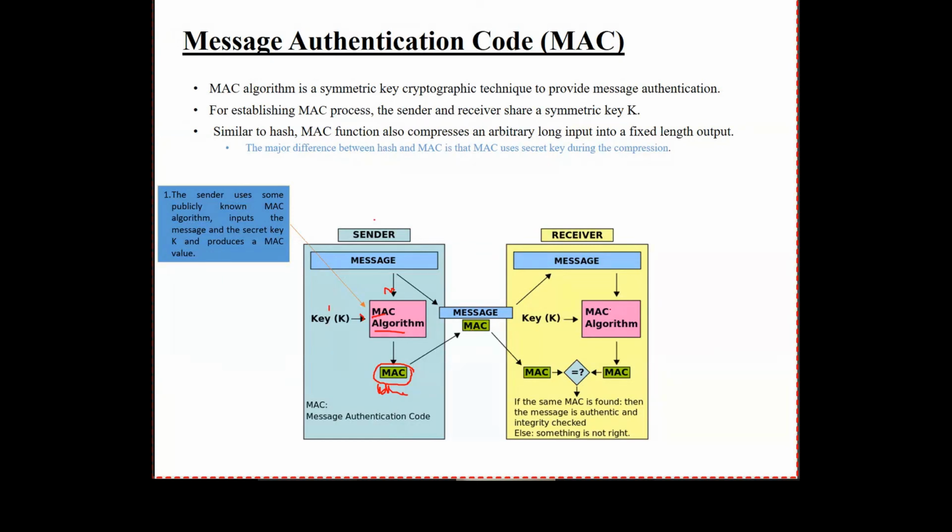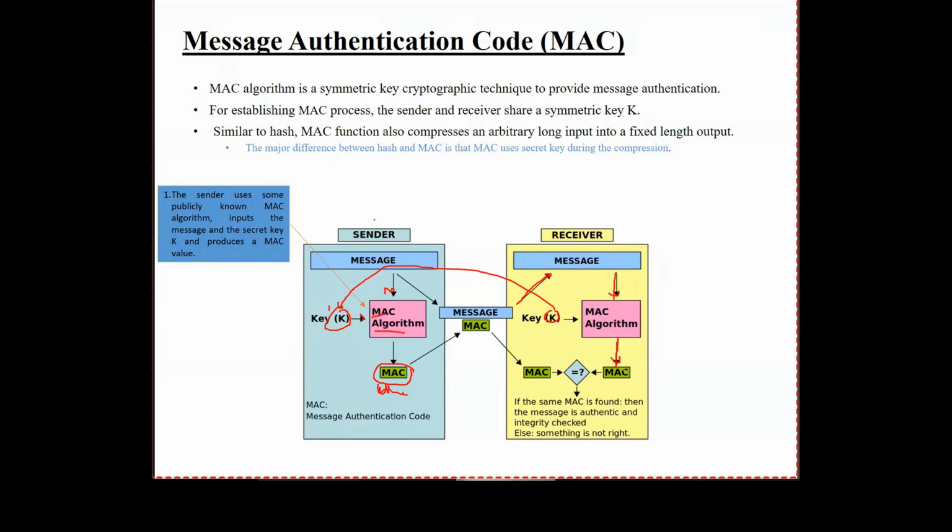So what happens now? When the receiver receives the message, they take the message and give it into the algorithm. They use the same key, so they need to share this key. And he will get the MAC.